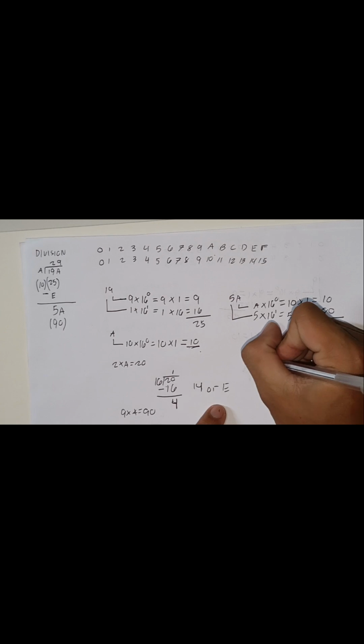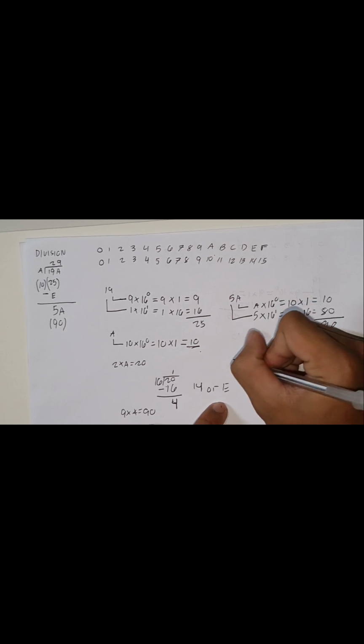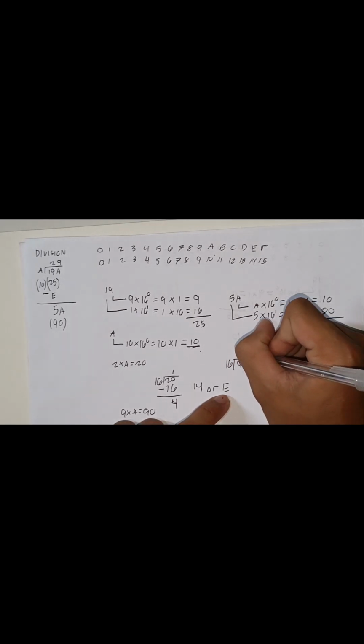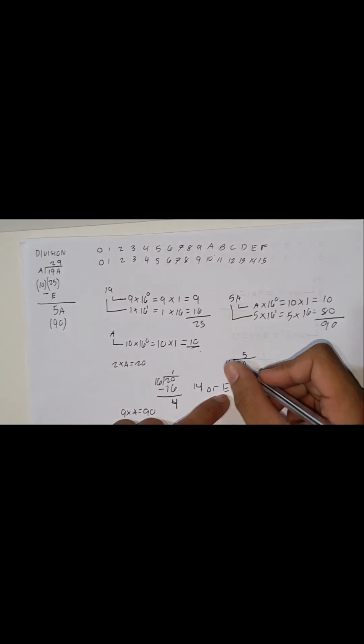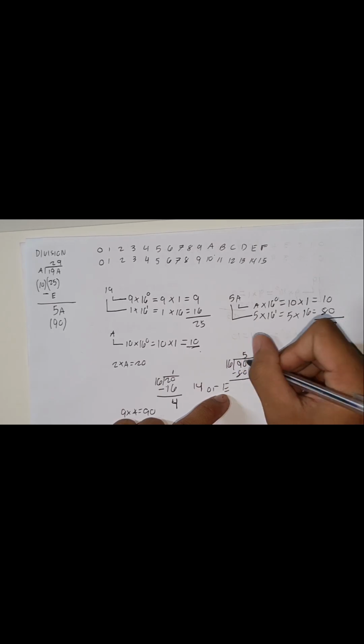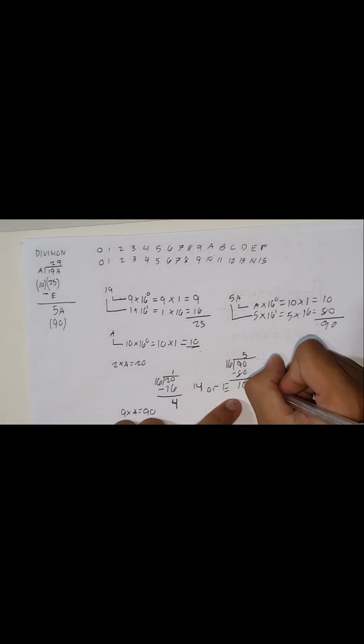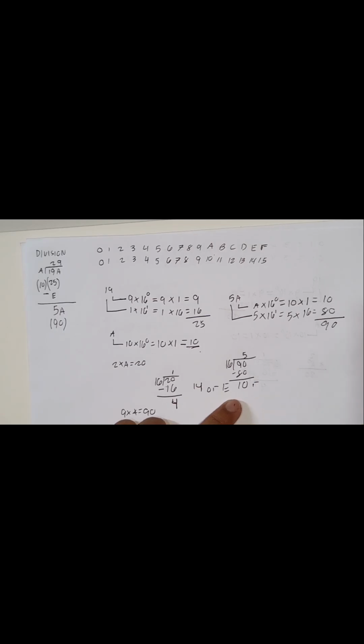So 90 divided by 16 is 5, and 5 times 16 is 80. So 90 minus 80 is 10. So we have a remainder 10 and 5.